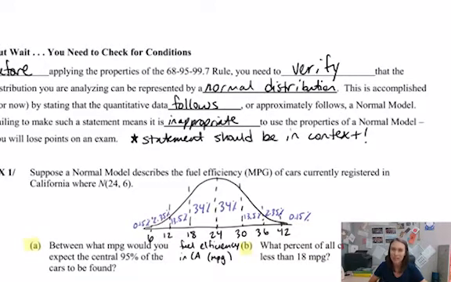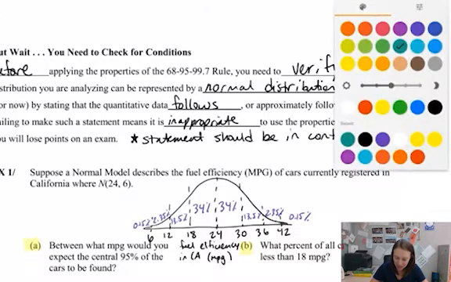So before we can use z-scores or apply these numbers from our empirical rule, we need to verify that our data has a normal distribution. Which means we really just need to make a statement if we are given the information. Later in this course, we're going to learn different ways of determining if it's a normal model if we aren't told that it is. But for right now, you're just going to be told that it's a normal model.